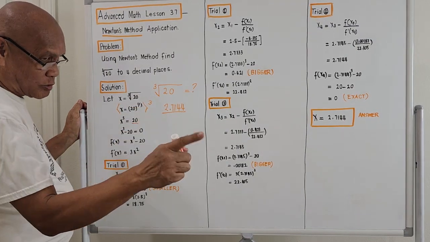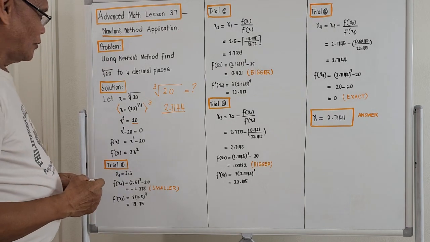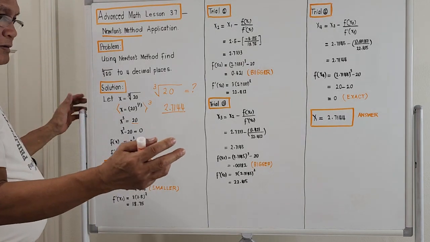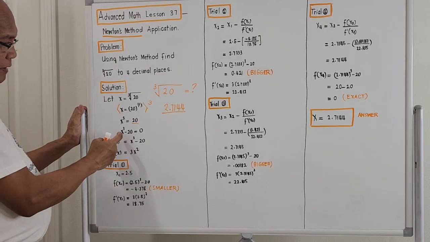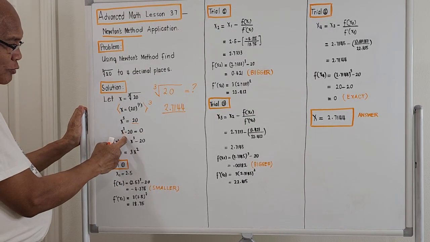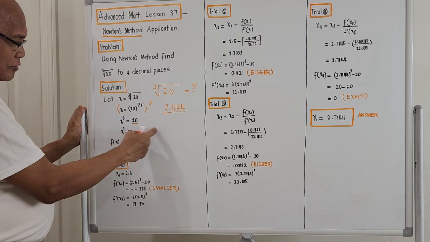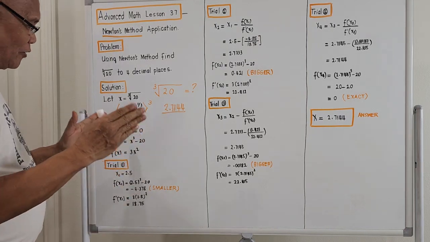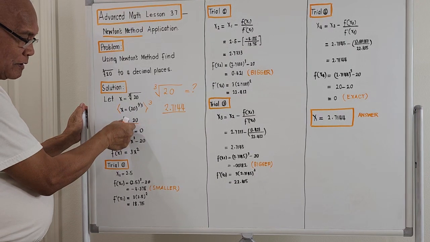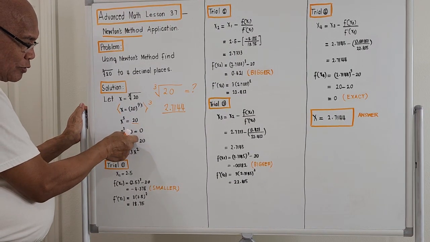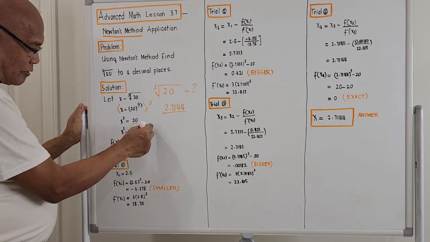That's laws of exponents. Transposing this 20 to the left, x cubed minus 20 should be equal to 0. Meaning, the unknown value of x, if we raise that to the third power and subtract 20, what comes out should be equal to 0.